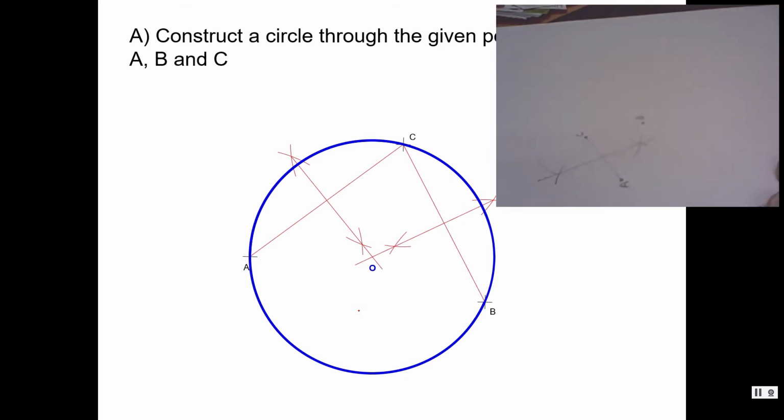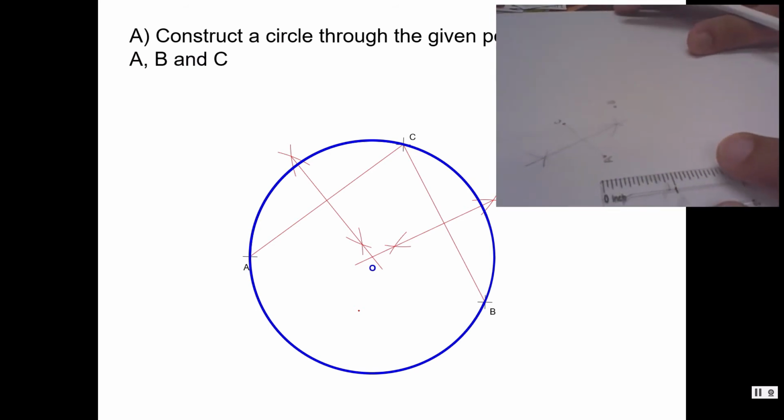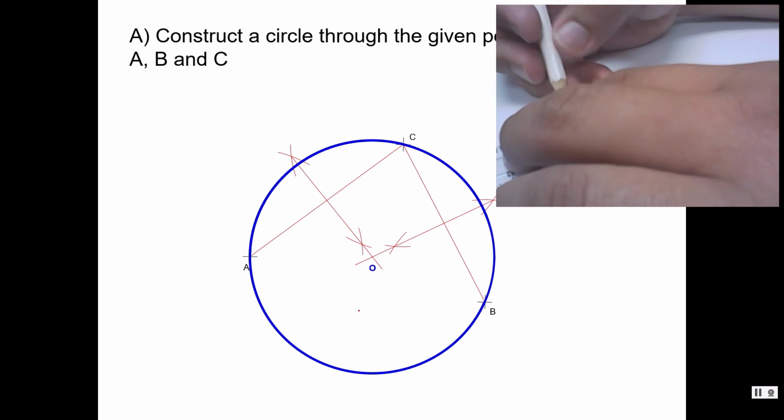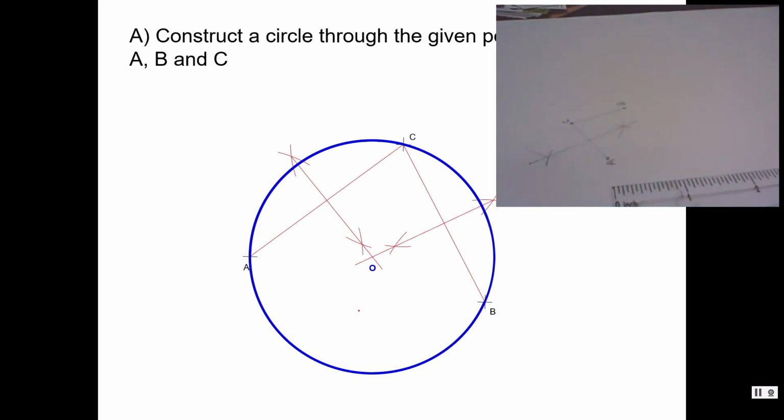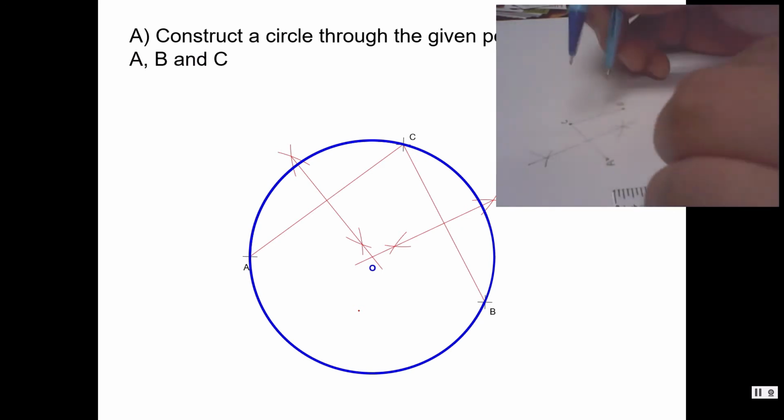Okay, so now from point C to B, we draw another line, and then same, we bisect them.